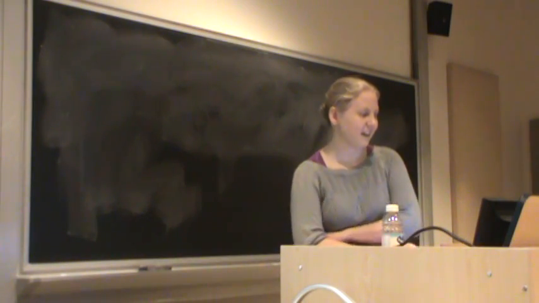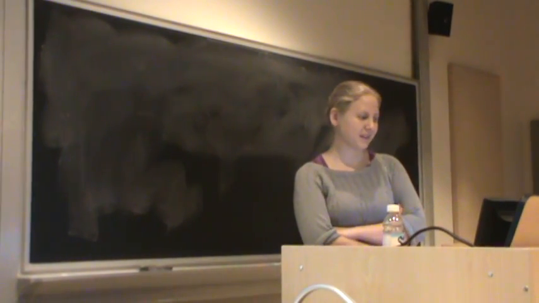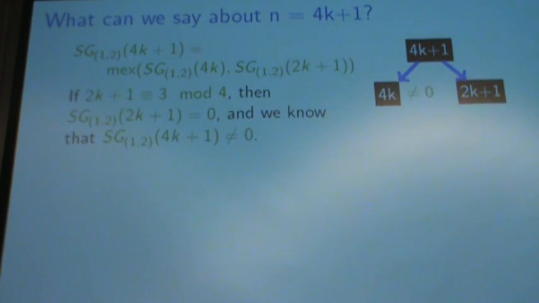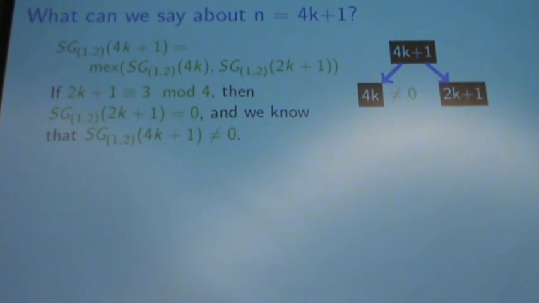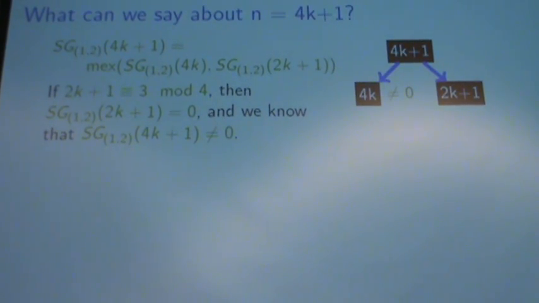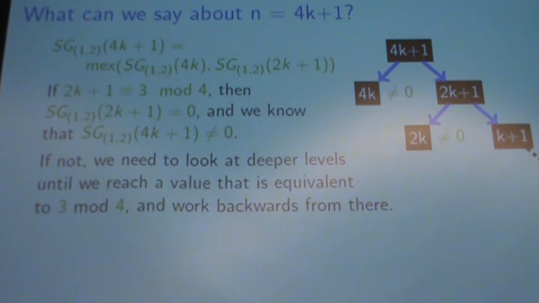So if we happen to know that 2k plus 1 was equivalent to 3 mod 4, then we would be set, right? We just showed that if 2k plus 1 is equivalent to 3 mod 4, then that's going to be 0. We would know exactly what's happening at 4k plus 1. So that's sort of one option. Doesn't always happen like that, though.